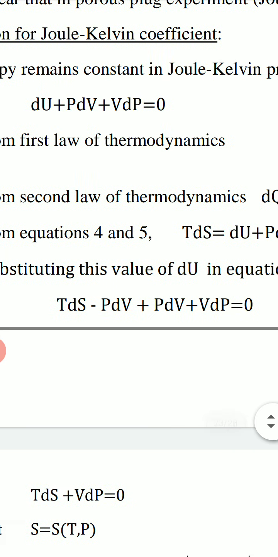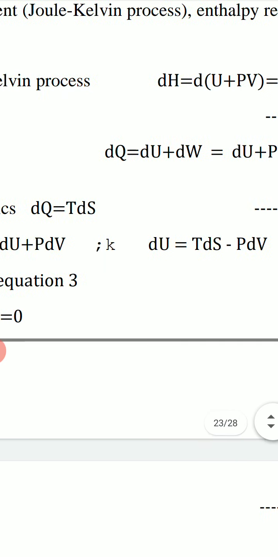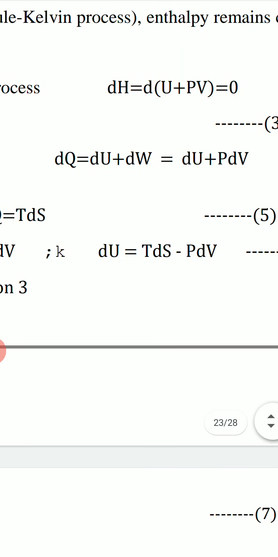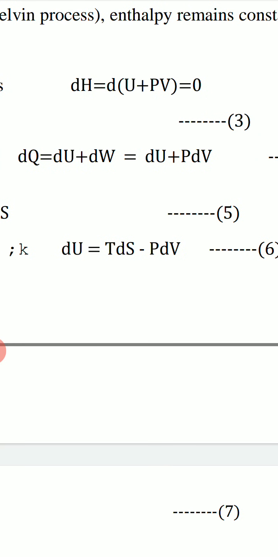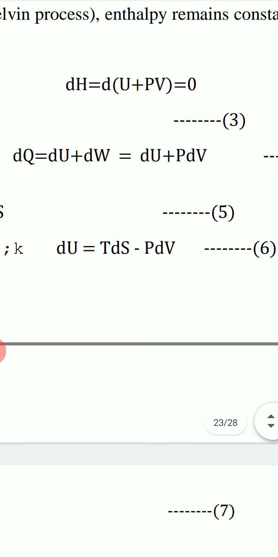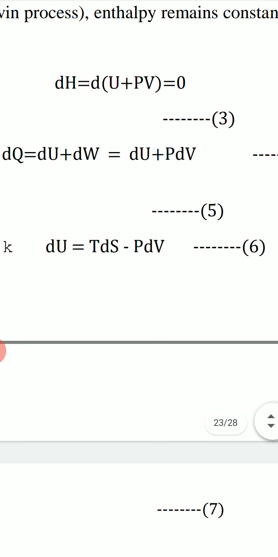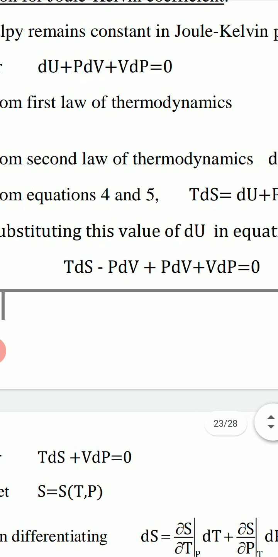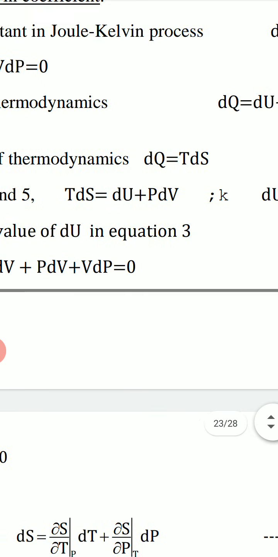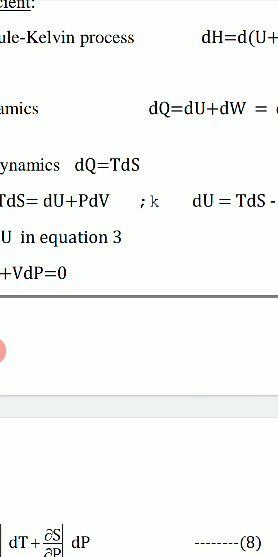From the first law of thermodynamics, we have dQ equal to dU plus dW, and dW is equal to PdV. So we have dQ equal to dU plus PdV. And from the second law of thermodynamics, we have dQ equal to TdS.